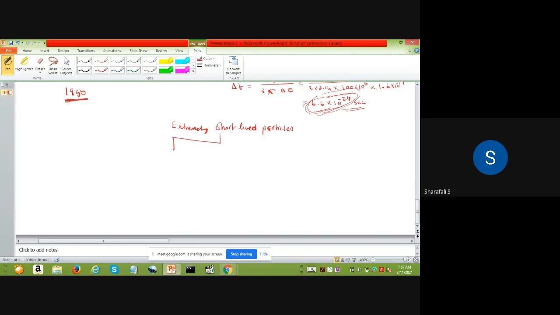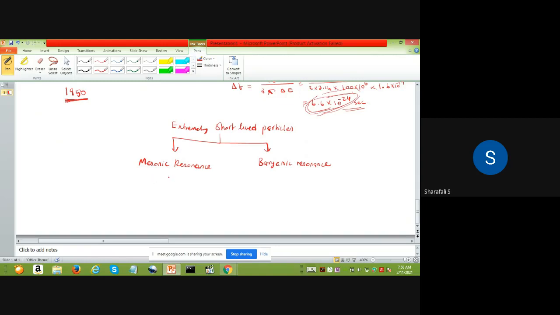So this can be classified into two types. One is mesonic resonances, meaning mesonic types of extremely short-lived particles. So these are resonances. Then we have baryonic resonances, meaning extremely short-lived particles in the baryon group.